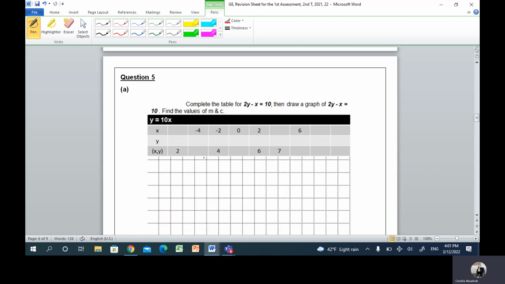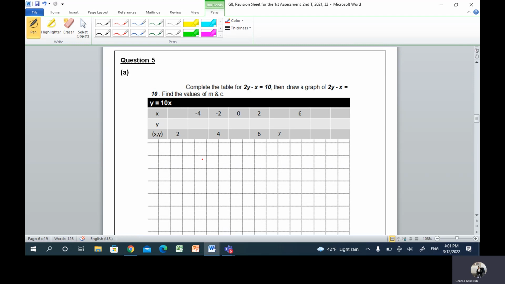Here they want you to draw the line graph of two equations. You have the first one, which is 2y minus x equals 10. As we explained, bear in mind that all straight line equations must be written as y equals mx plus c. So in order to write this one in the same way, you're going to make y the subject, so first transfer the negative x to the other side.